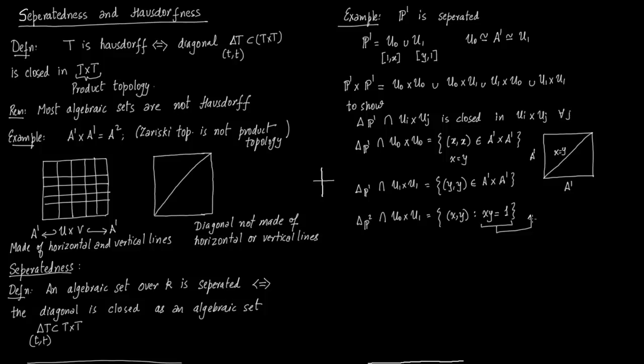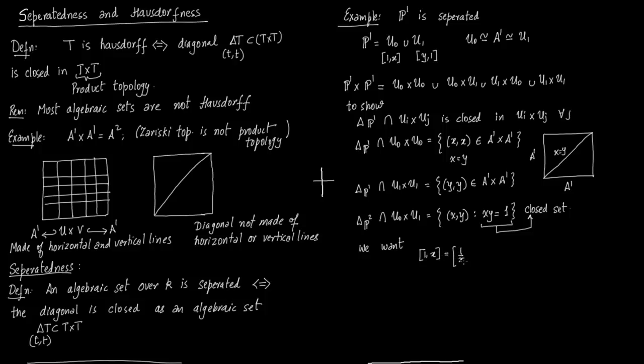So we need to explain why it is xy equals 1. So U0 times U1 and U1 times U0 is also an algebraic set defined by the polynomial equation xy equals 1. So what do we want? We want U0 and U1 to be both the same.